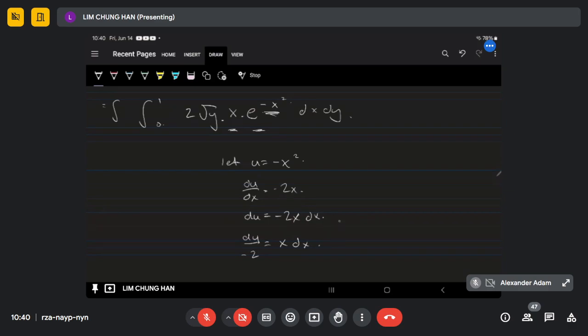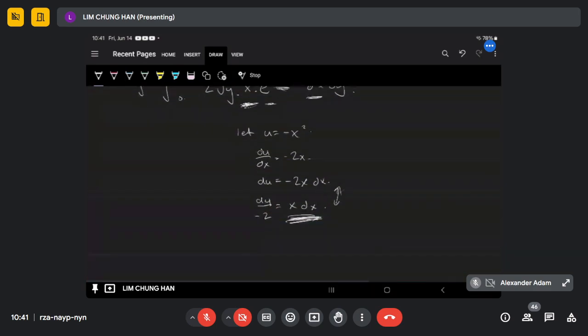You see how I did this? Do you know why I want to go for x dx here? Because then I have x dx in the integral.